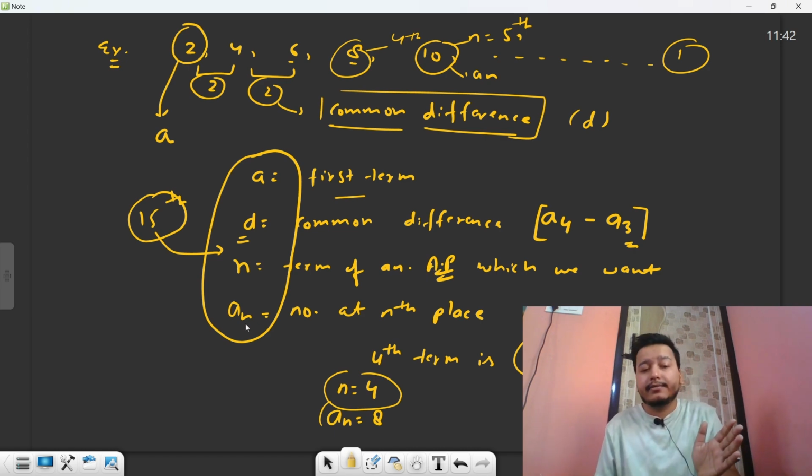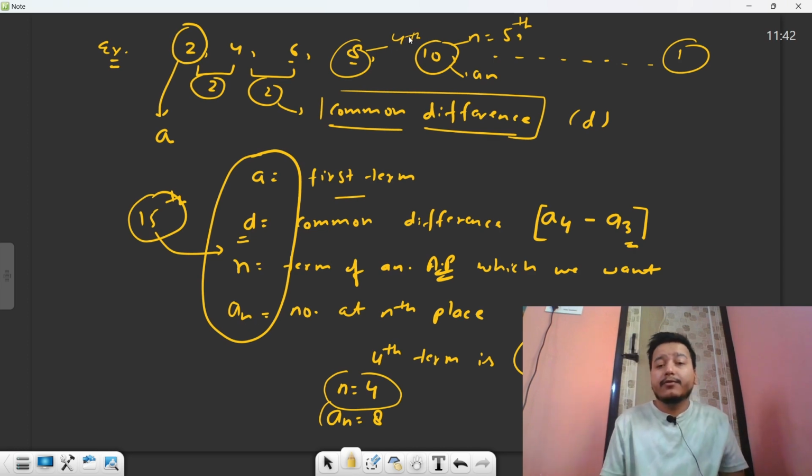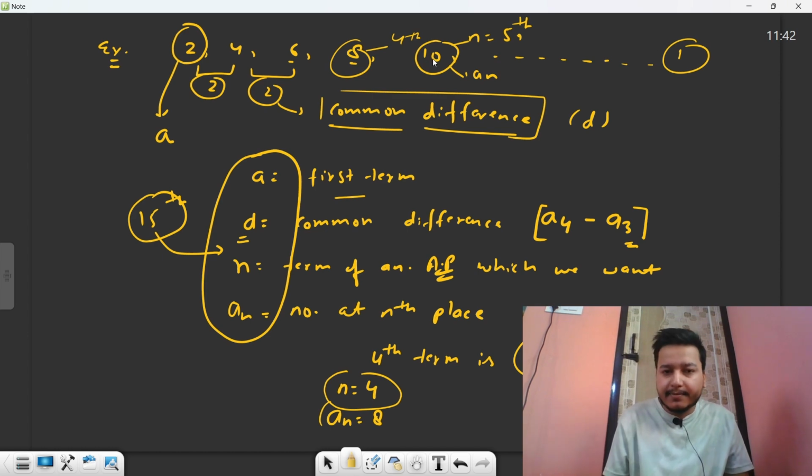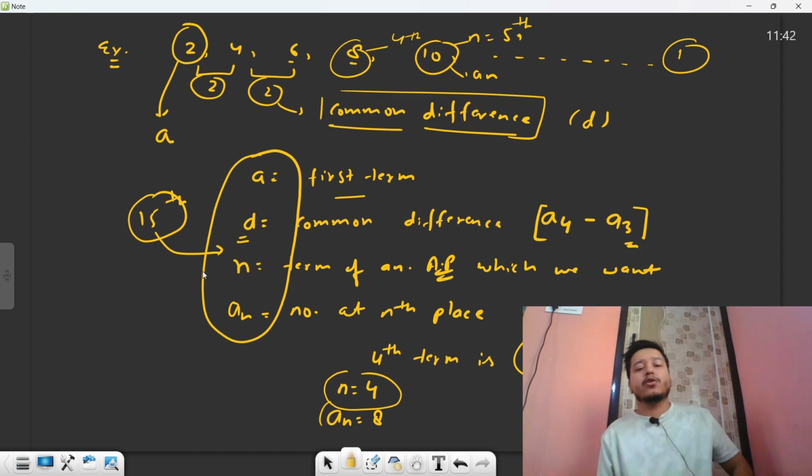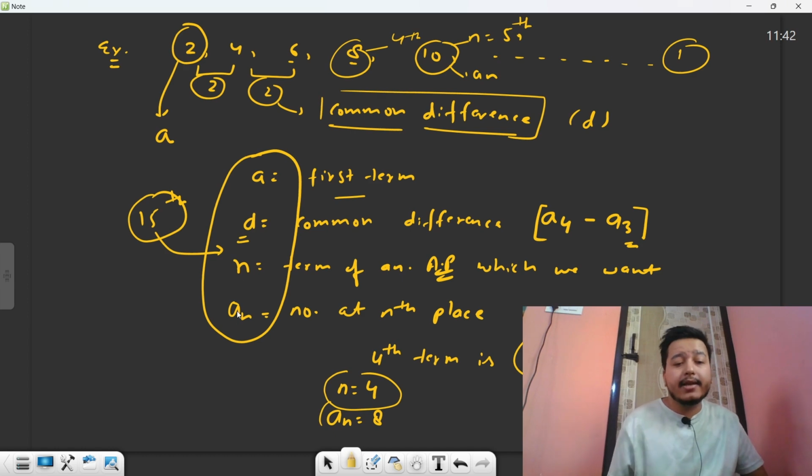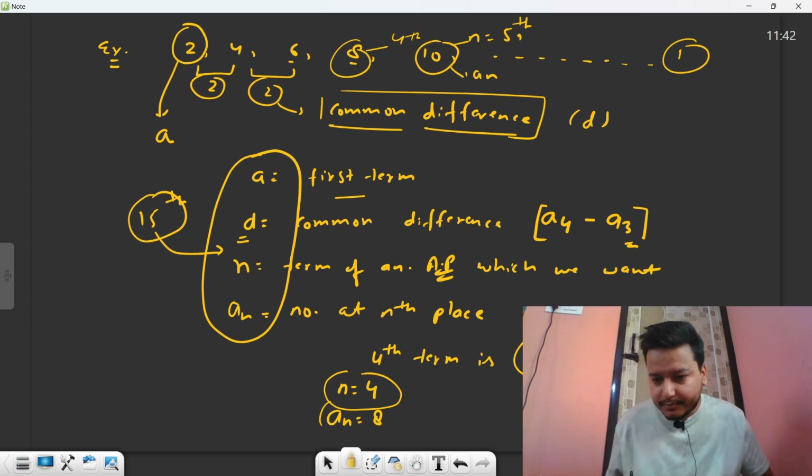That will be called an. For example, for the fourth term, n is 4, and what is coming at the fourth position? It is 8. So an is 8. n is 5, an is 10. So these are the key terms of an AP: a, d, n and an.